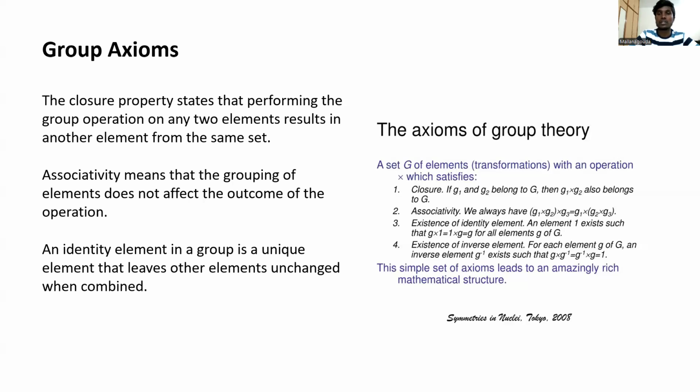Existence of identity element: an element 1 exists such that G into 1 is equal to 1 into G is equal to G for all elements G of capital G. Existence of inverse element: for each element G of capital G, an inverse element G inverse exists such that G into G inverse is equal to G inverse into G is equal to 1. This simple set of axioms leads to an amazingly rich mathematical structure.